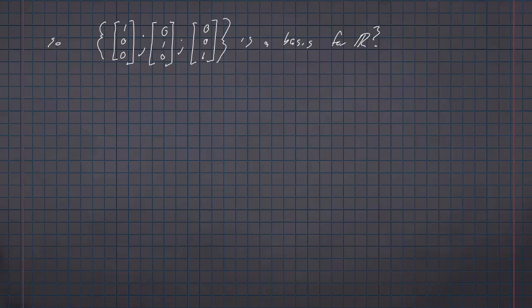Just picking n equals 3, that previous result gives us that the standard basis for R3 is (1, 0, 0), (0, 1, 0), (0, 0, 1).